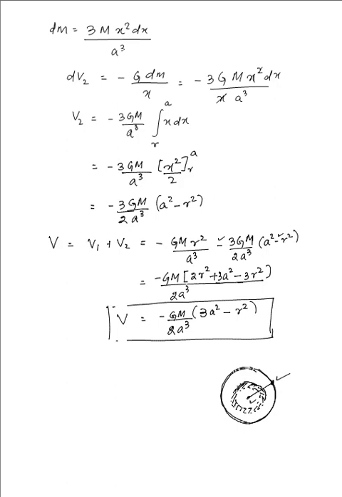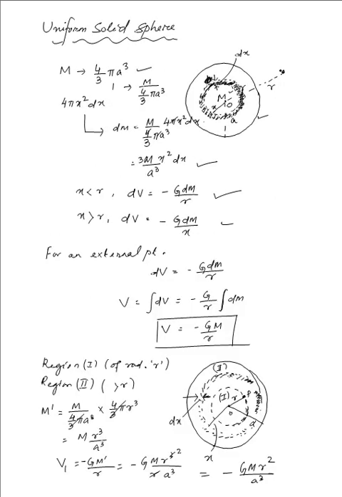Now in the previous case, the first one that we did, for this external point over here, you can integrate it from 0 directly up to x, because the point is not internal, it is remaining outside. And with the outside point, the entire mass is considered to be lying within that point, right?